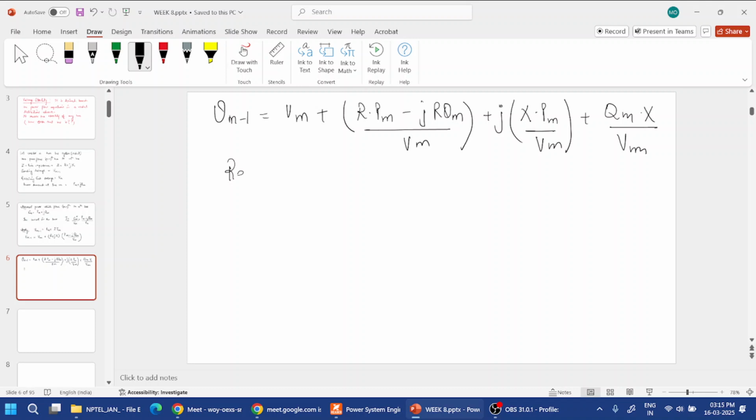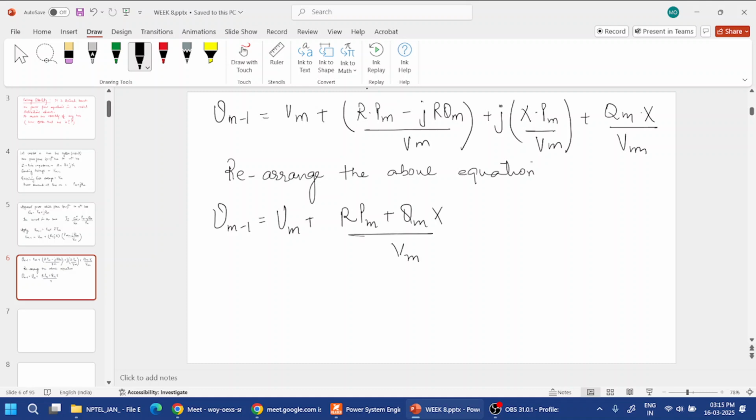So if we rearrange the above equation, we get Vm minus 1 equals Vm plus (R Pm plus Qm X) divided by Vm, plus j (Pm into X minus Qm into R) divided by Vm.